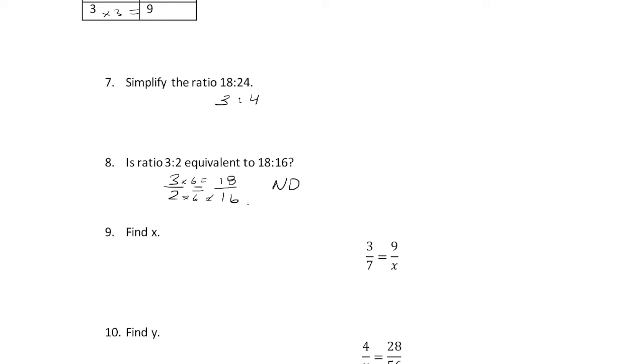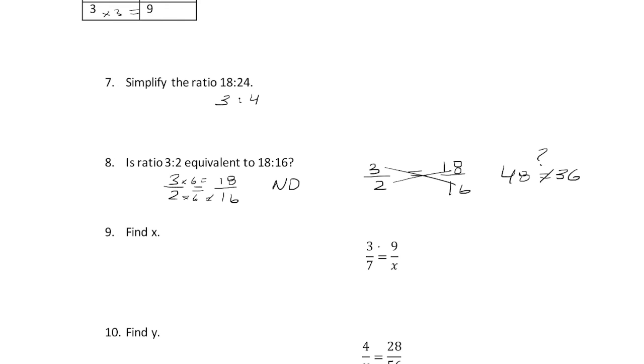So this is not true. The other way you could have done this is to cross multiply. So you would do 3 times 16 is 48. Does that equal 2 times 18, which is 36? Obviously, that's not true.